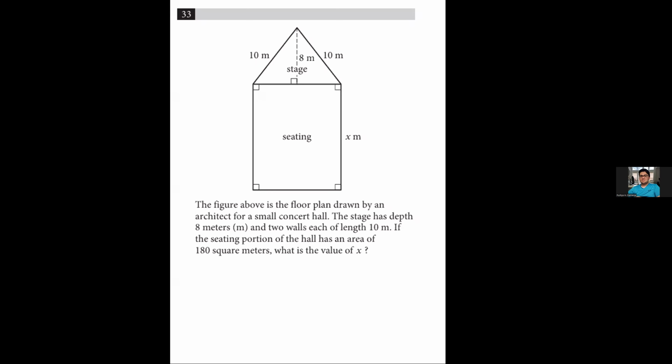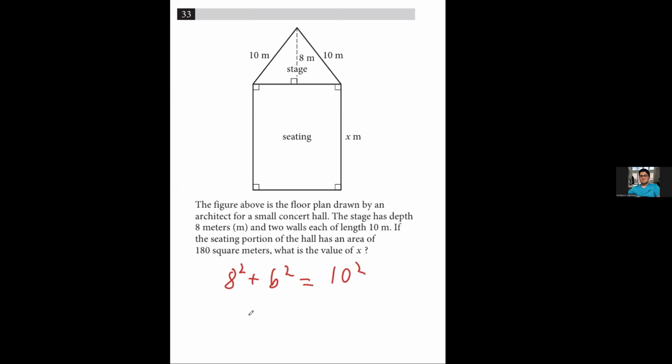Okay, so for question 33, we're asked to find x, and we're given a couple of values. In this case, this is just a right triangle, so we can use a squared plus b squared equals c squared. So 8 squared plus b squared equals 10 squared.